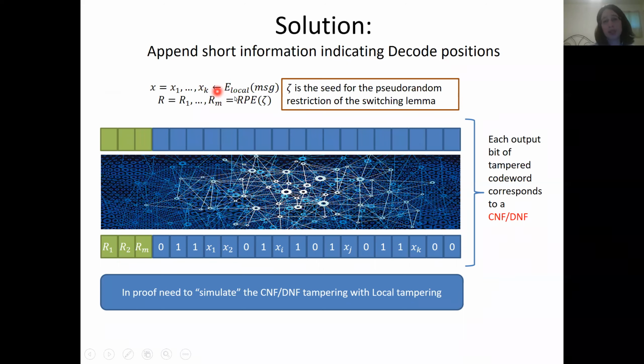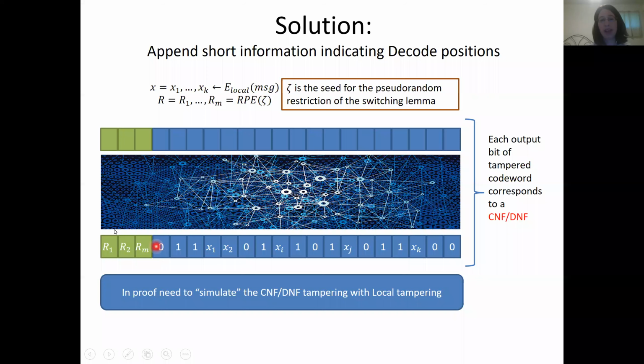So now what we're going to do is run the local encoding algorithm to generate the code word X, which has bits X1 to XK. And we're also going to choose zeta, which is the seed for the pseudorandom restriction of the pseudorandom switching lemma. And we're going to encode this seed using an RPE, and we get R1 to Rm.